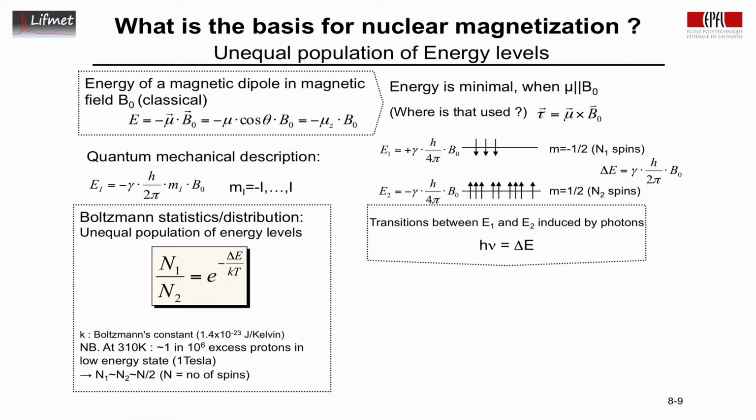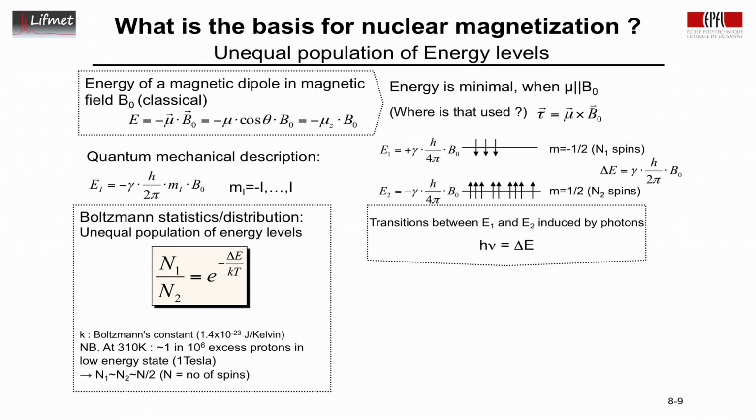At very high temperatures, they are truly equalized. That we can see again here. If the temperature goes to infinity, this goes to 0. E to the minus 0 equals 1. So we have this population difference that is generated between the nuclei in the higher energy level and the nuclei in the lower energy level, and this difference is important.